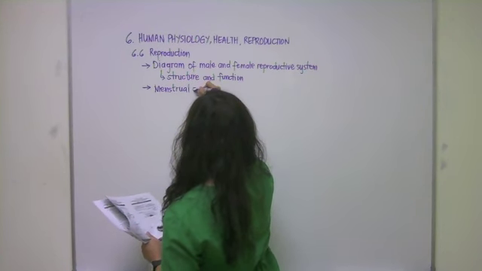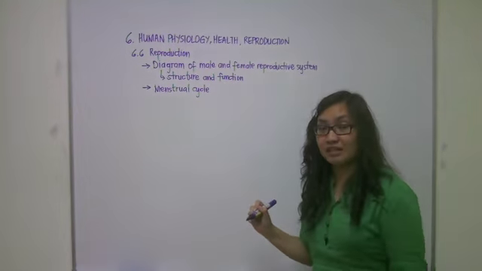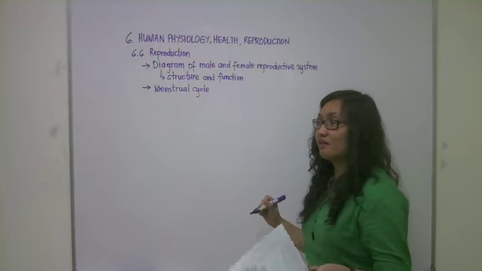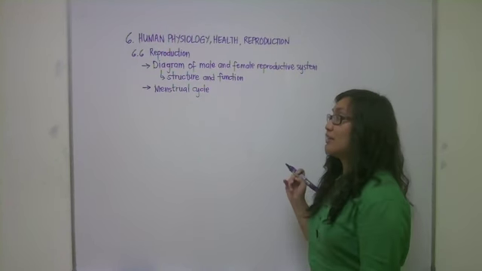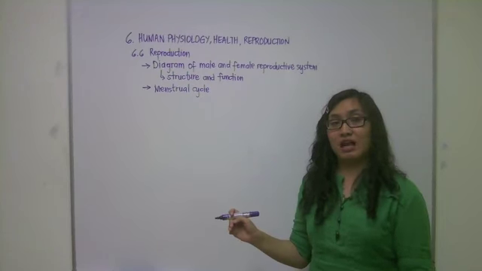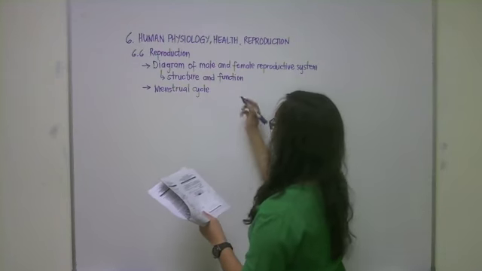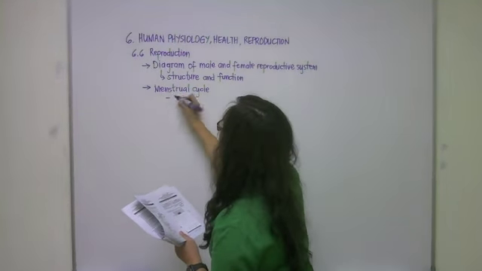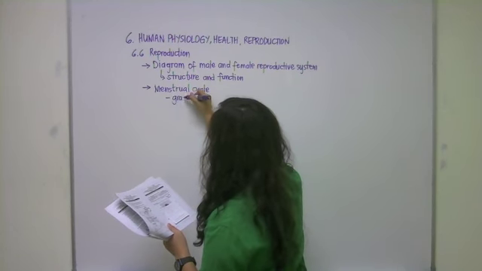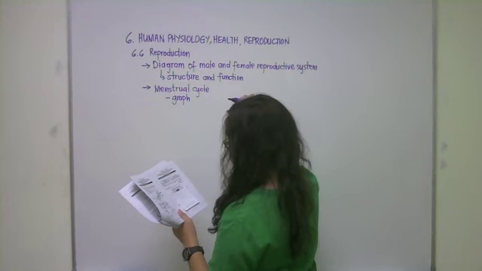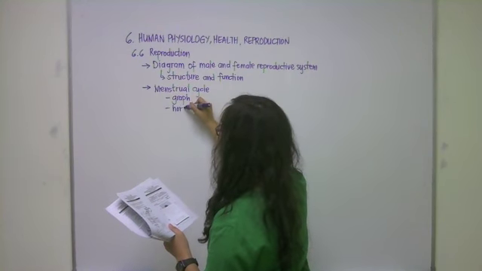Under the menstrual cycle, there is a graph that is going to be given that shows the events that happen in the ovary, in the uterine lining, and the hormones that are used during this cycle. We have to show a graph of the menstrual cycle, and include the hormones that are involved.